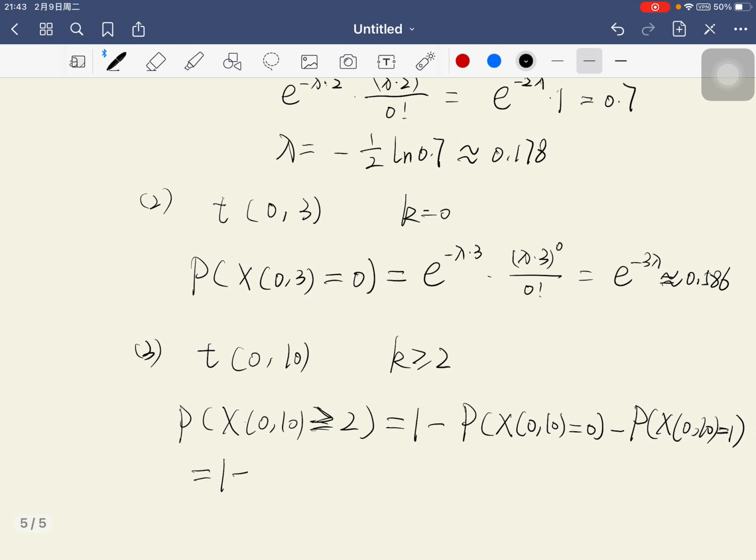We can use the function above: e to the power of minus lambda times 10 minutes, times lambda times 10 minutes to the power of 0 customers over 0 factorial, minus e to the power of minus lambda times 10 minutes, times lambda times 10 minutes to the power of 1 over 1 factorial.